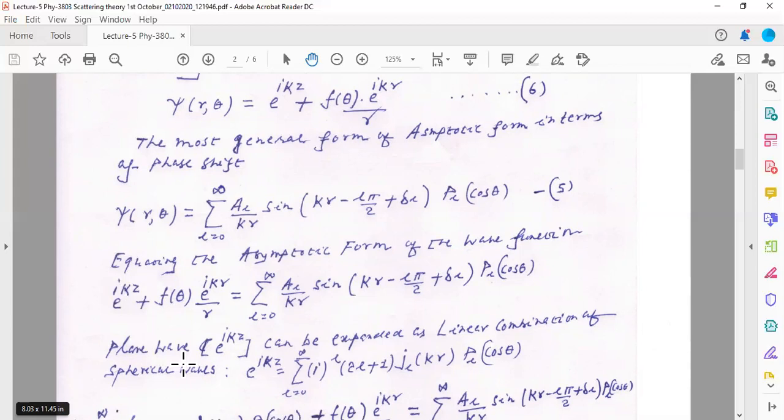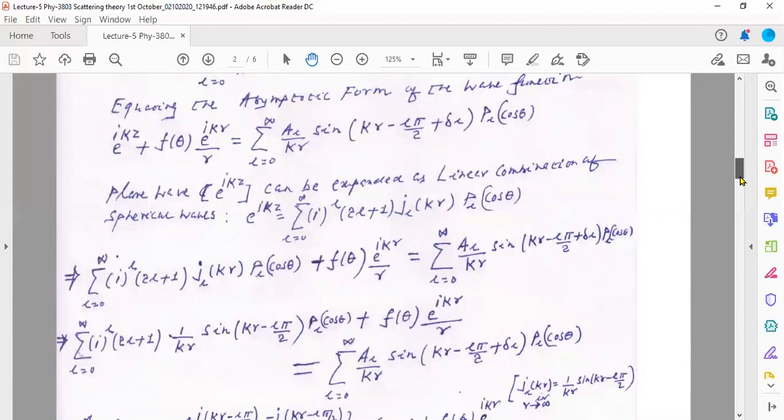And we have developed the Bauer expansion; in the previous class I developed it. e to the power of ikz is basically a linear combination of many spherical waves, and each individual wave is considered a partial wave.